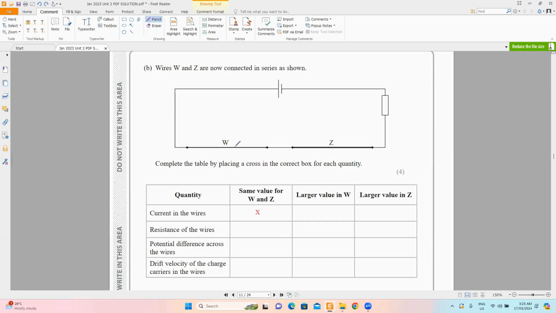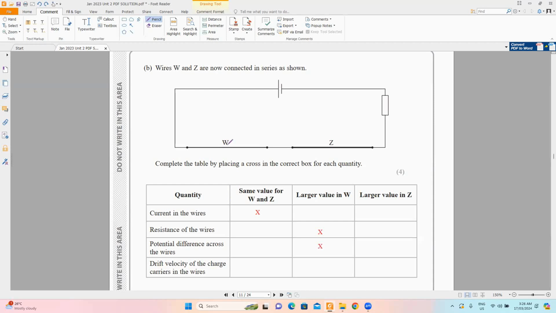And since W is thinner, resistance equals rho L by A, since it has a smaller area, it has a greater resistance. So W has a greater resistance. And in a series circuit, the greater the resistance, the greater the potential difference. So potential difference across W will be greater.